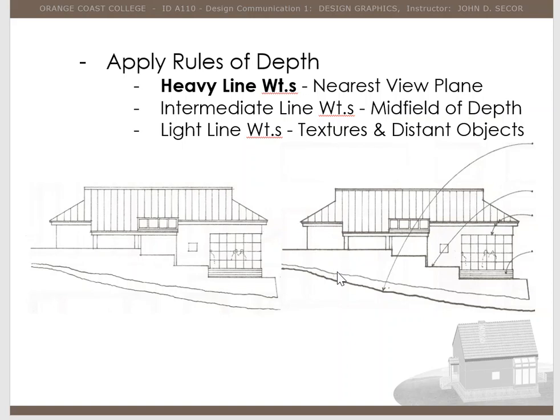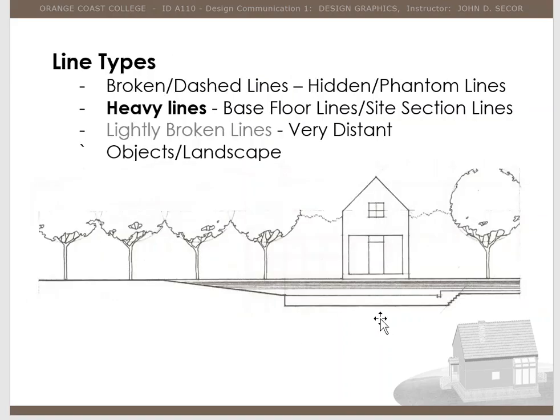That's what we mean by a ground line right here, and it tells us this is the earth. There may be a mountain or a slope in front of the house, creating even further depth because we know this is closer to us since the line is thicker. So line weights do matter, as you can see.